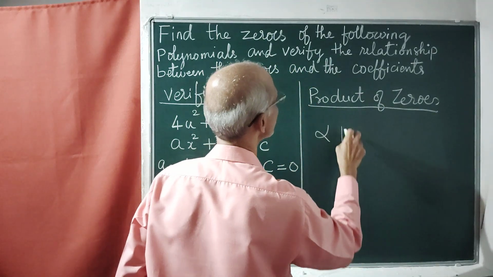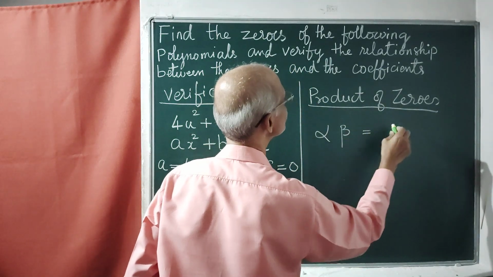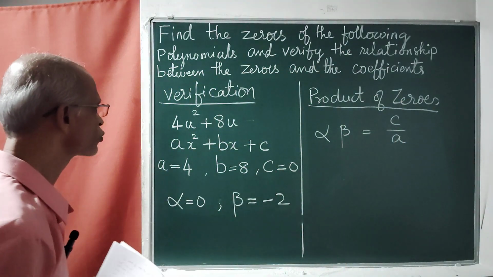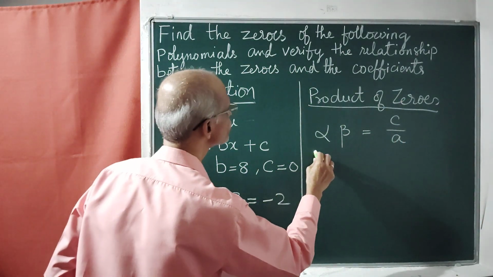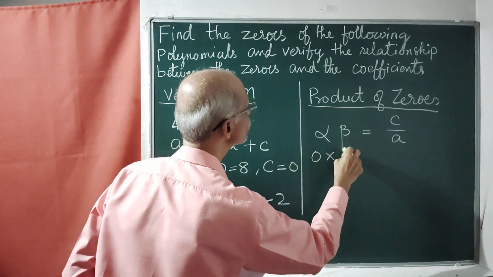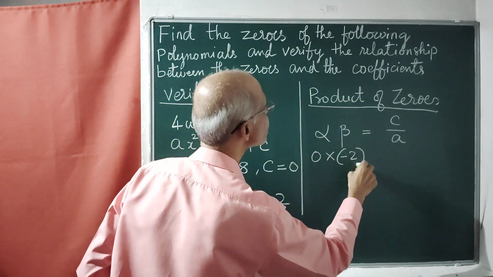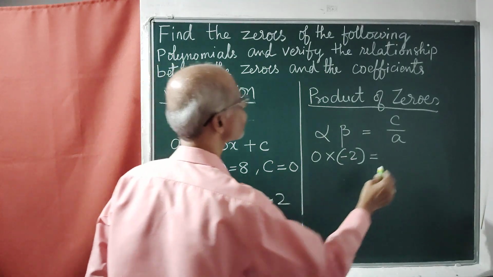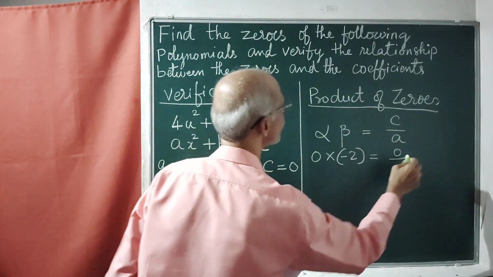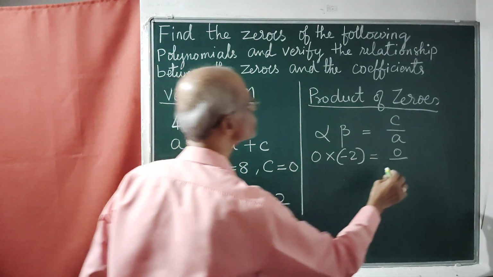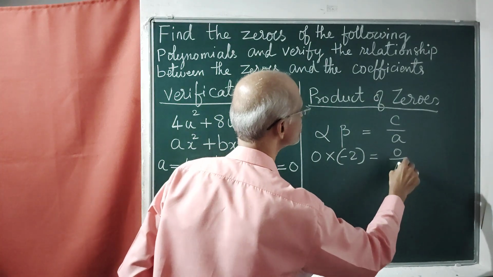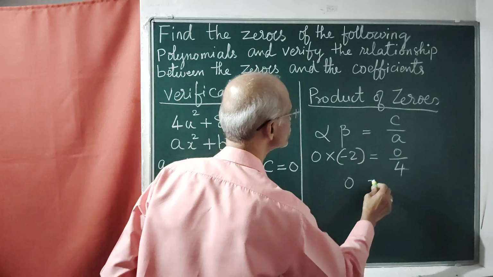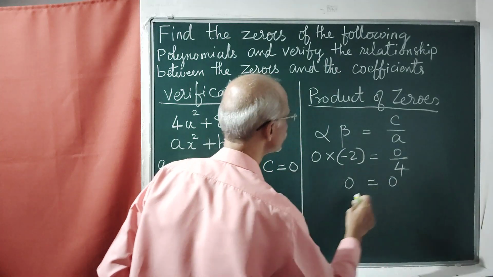Alpha into beta is equal to c by a. So alpha into beta means 0 into minus 2 is equal to, so what is c? 0. What is a? 4. 0 by 4. 0 into minus 2 is 0, 0 by 4 is also 0.